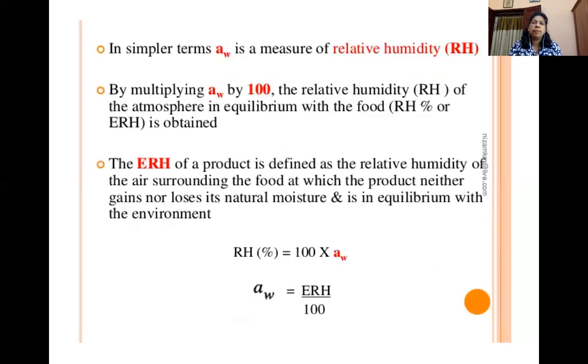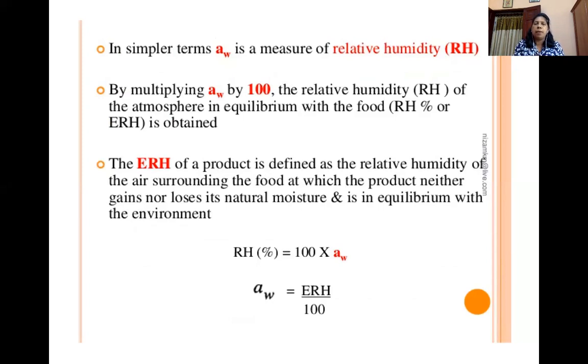In simpler terms, water activity is a measure of relative humidity, meaning the water vapor pressure available in the environment. Here we measure the relative humidity in a closed system. We put our product inside a closed container and then measure the relative humidity of the environment. That is the way we measure the water activity.